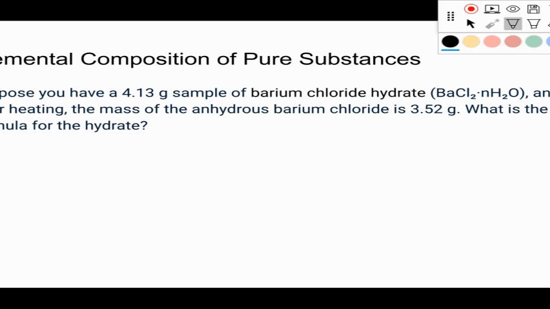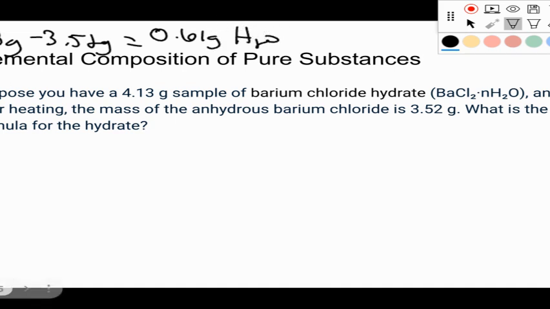And so if I do 4.13 grams minus 3.52 grams, it gives me 0.61 grams, and that's actually of my water. So now I'm going to come down here, and it says that I need to convert that into moles.